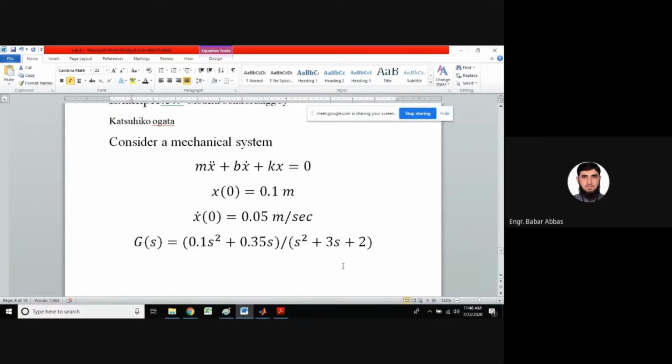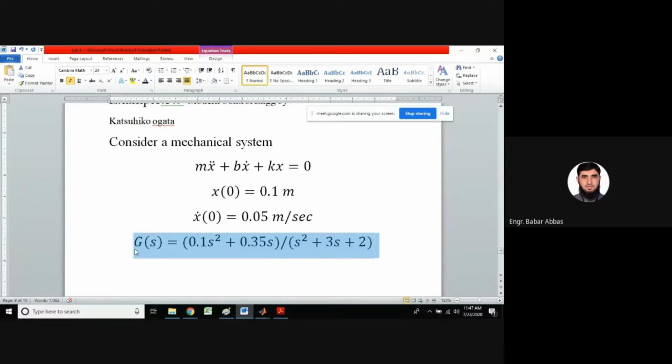The initial conditions are x(0) equal to 0.1 and x dot(0) equal to 0.05 meter per second, and this is the transfer function. The differential equation is converted to the transfer function. Here the initial conditions are not 0. They have some initial conditions which are given here.